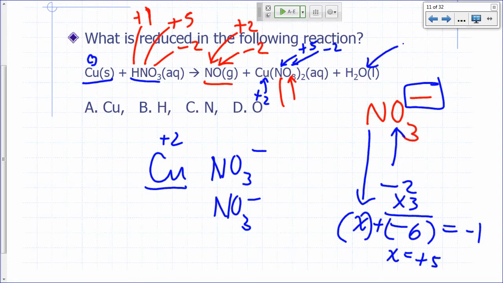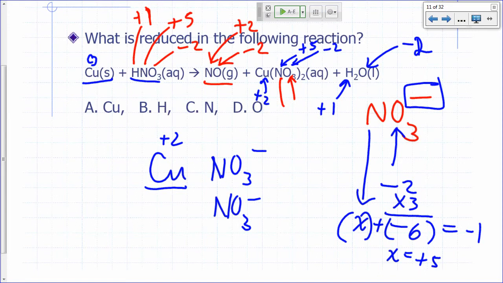What's the oxidation number of oxygen here? -2. Hydrogen must be +1. When we say oxidation number, we do it on a per atom basis. There are 2 hydrogens there, so the 2 hydrogens together is +2, so the hydrogen must be +1.